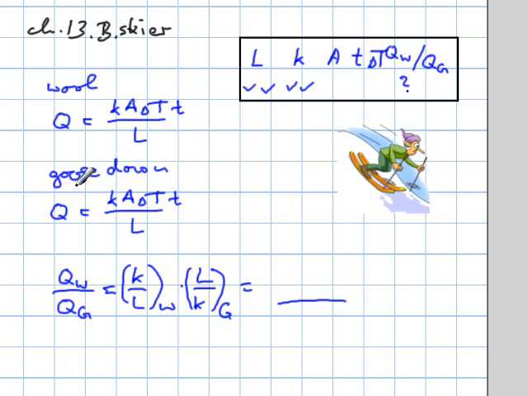Maybe a little bit less than 5. And that means that through the wool sweater, more heat conducts out. That makes sense because its conductivity is a little bit higher, so its insulation is worse, and it's thinner than the goose down in this problem.